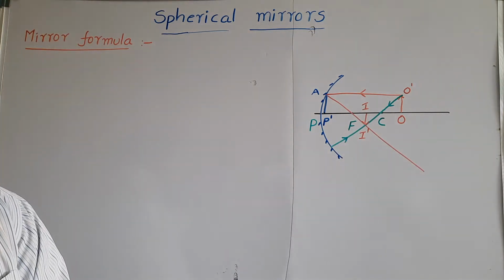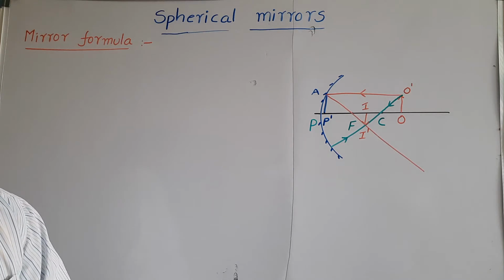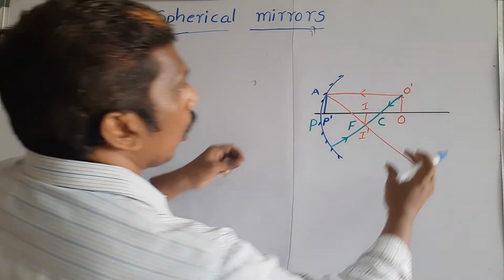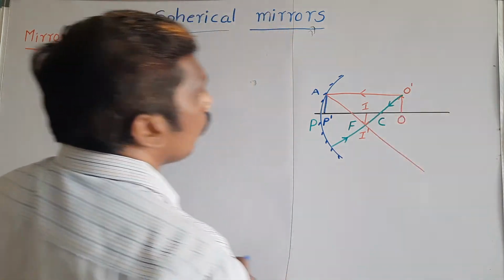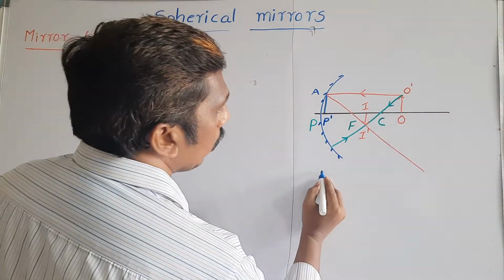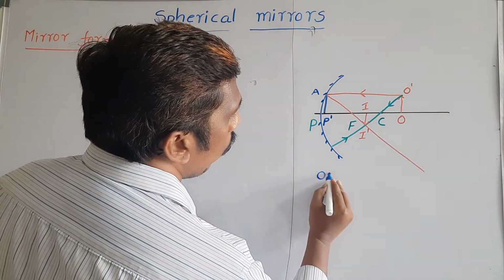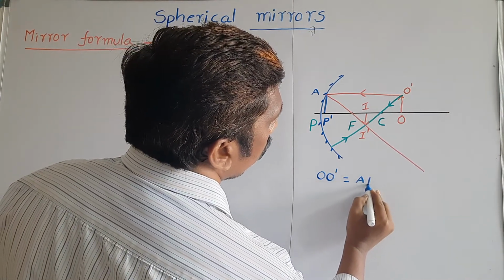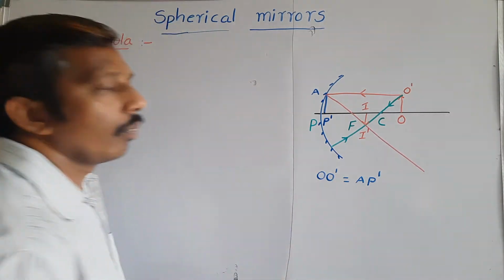Total 4 triangles are there. In these 4 triangles, what are the similar triangles? If you observe here, O dash is equal to AP dash. This is one point we can write.